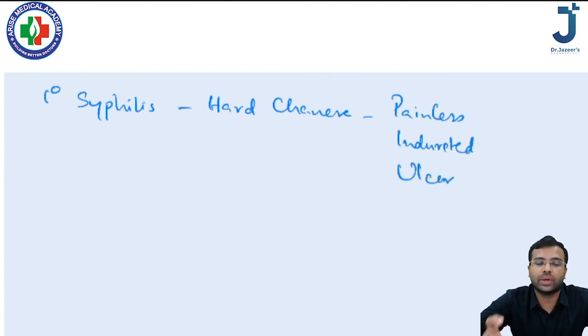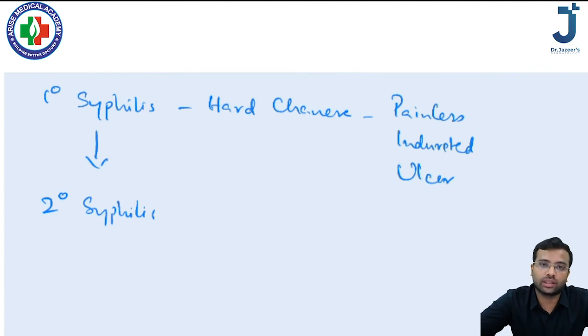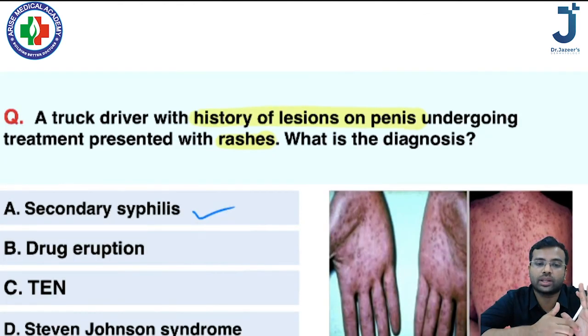Okay, you will be getting a painless indurated genital ulcer in primary syphilis, and later on, if it is not treated properly, the patient may proceed into secondary syphilis. So in secondary syphilis, you have a lot of clinical findings, out of which the typical findings would be the presence of this kind of papulosquamous eruptions, along with the coppery kind of rash that you will be finding over the palms as well as the soles.